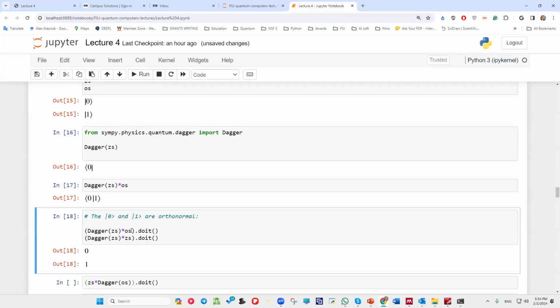So when I take the product of two different vectors, 0 state and 1 state, I get 0.